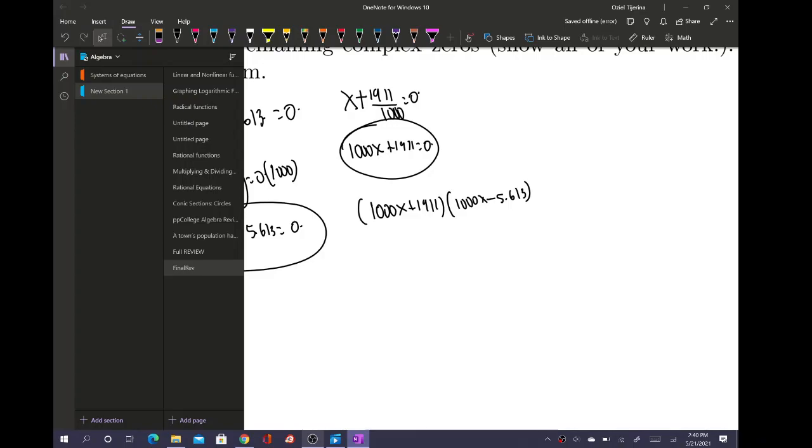So, like, 1,000 squared is 1,000,000 x squared. And then it'd be like this. You use the FOIL method, so it'd be 1,000 times negative 5.613.